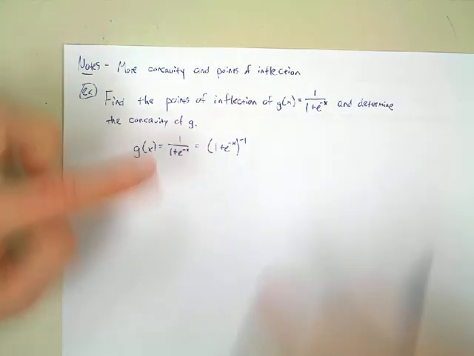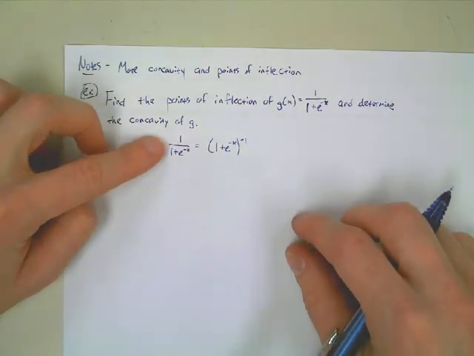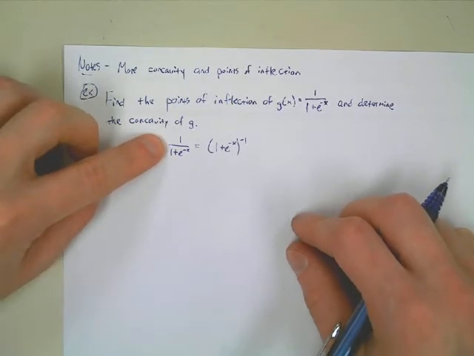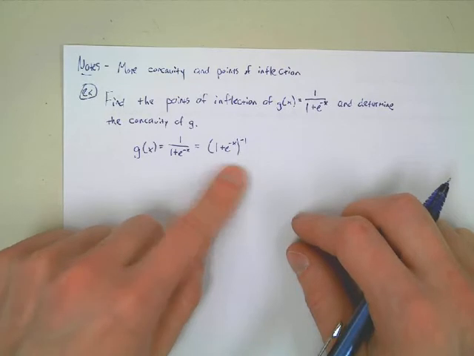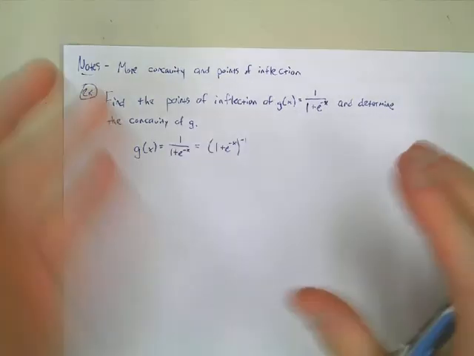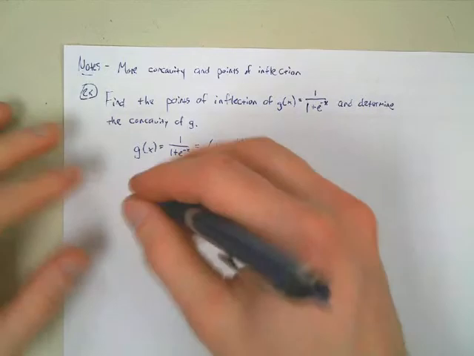Exactly right, rewrite it. If we leave it like this, what rule will we need to use? The quotient rule. Written like this, do we need the quotient rule now? No, it would just be the chain rule.